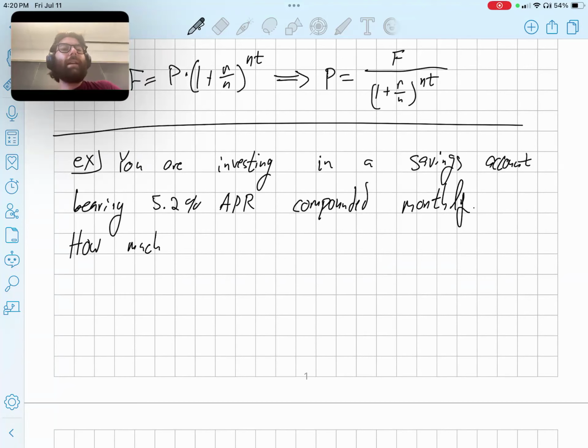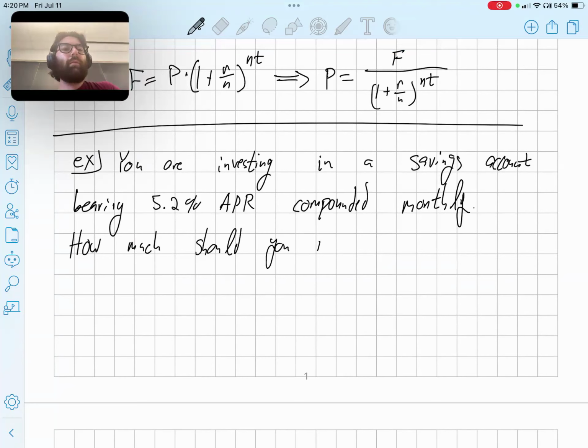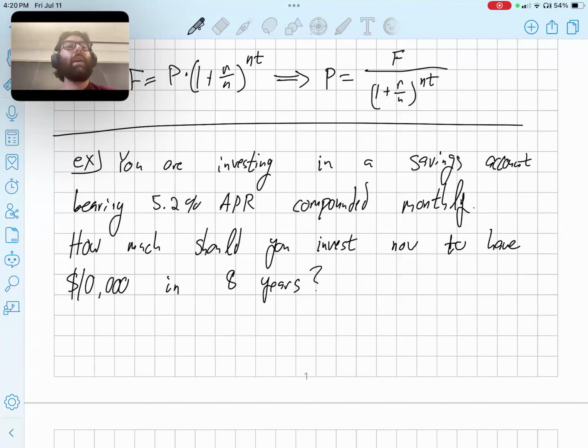How much should you invest now to have $10,000 in 8 years? Okay, so we're asking how much should you invest now?